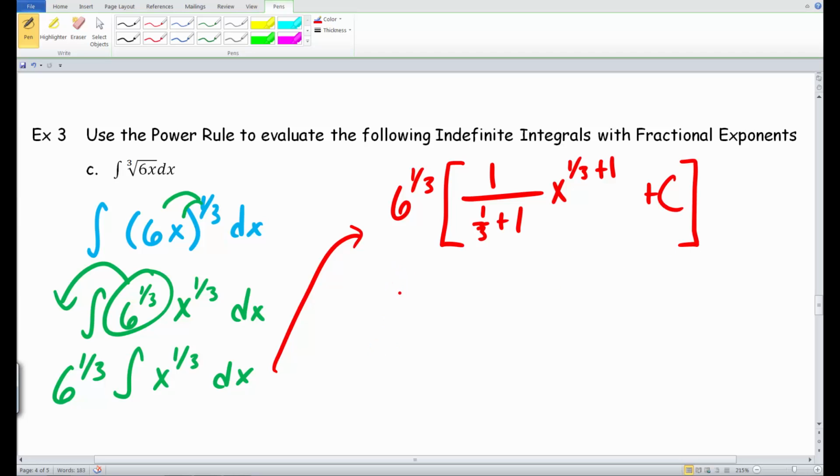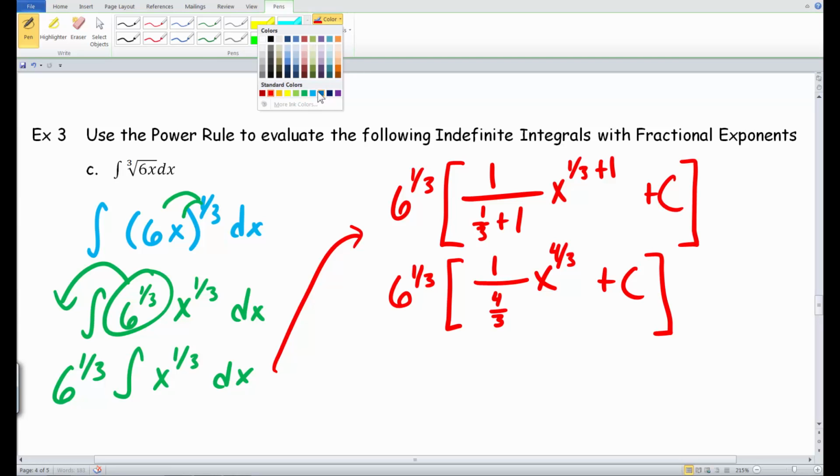And when we do that, we end up then with 6 raised to the 1/3 power times 1 divided by 1/3 plus 1, which is 4/3, times x raised to the 4/3 power plus some constant.